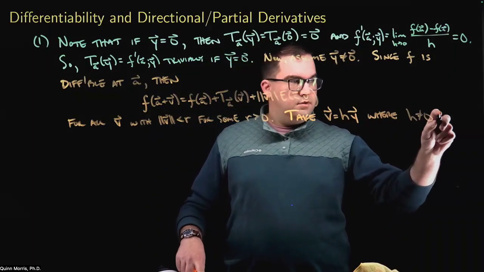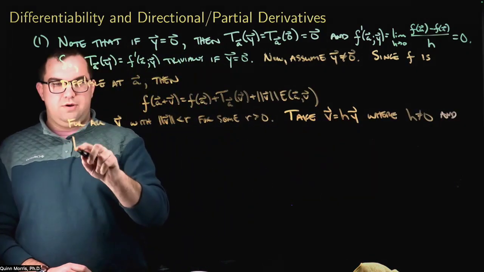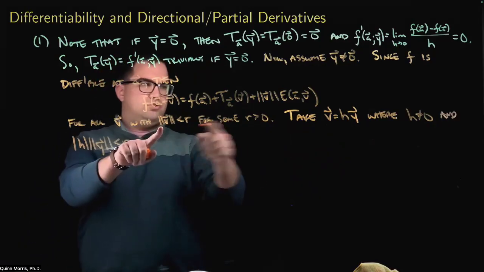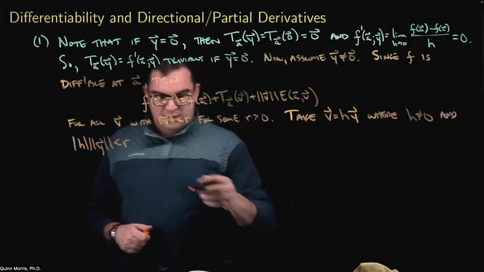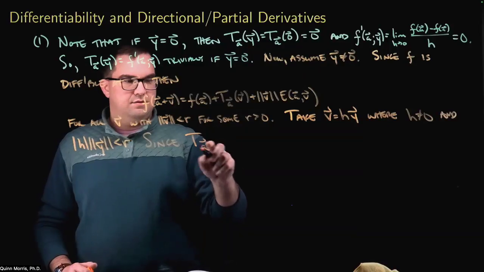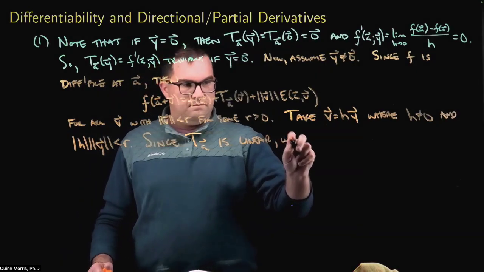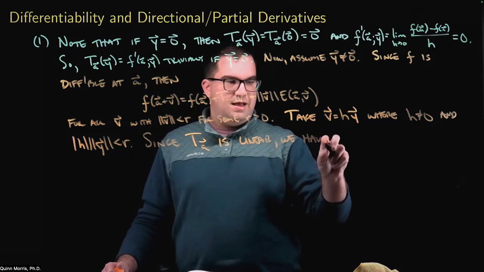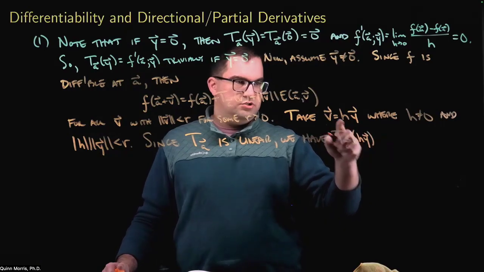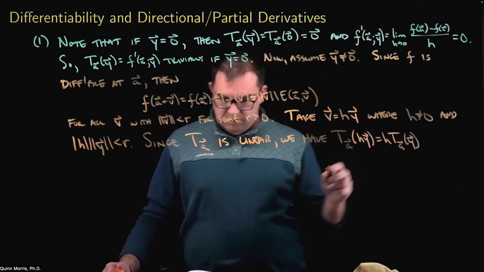I should also make sure that this H times Y gets me within that R, so I want the absolute value of H times the norm of Y to be less than R. Again, basically make sure the norm of this V will be less than R. Well, since my T sub A is a linear transformation, then we have that T sub A of HY, which is just T sub A of V, is equal to H times T sub A of Y.